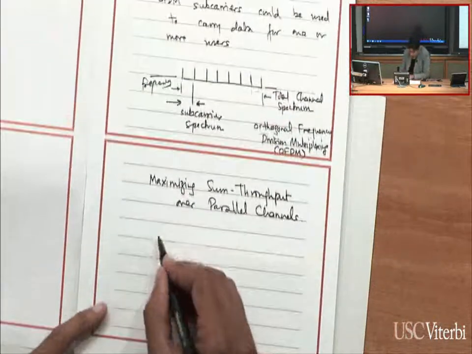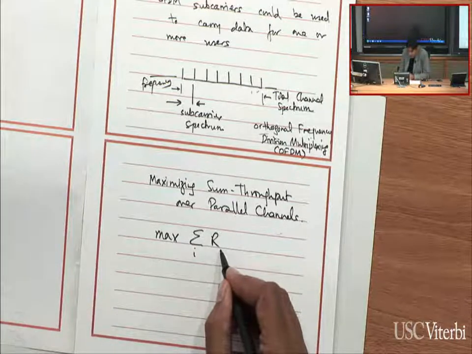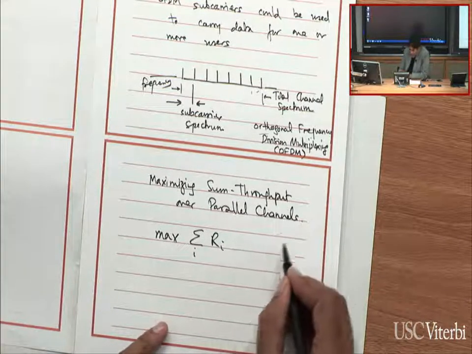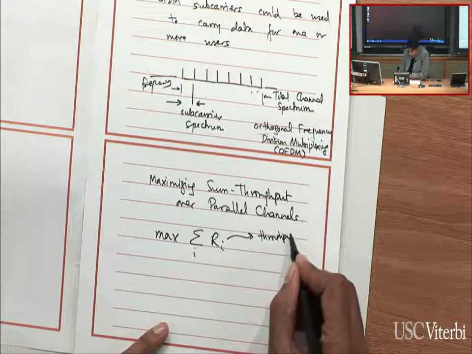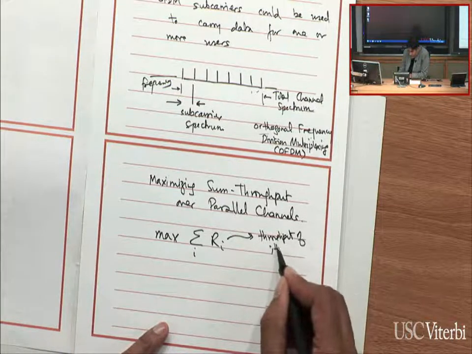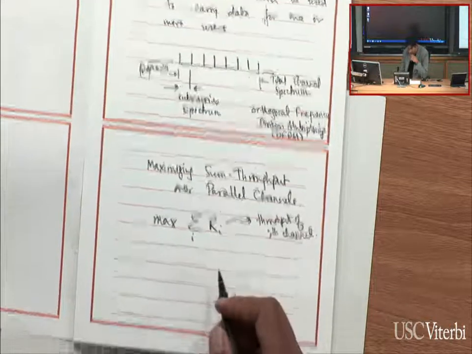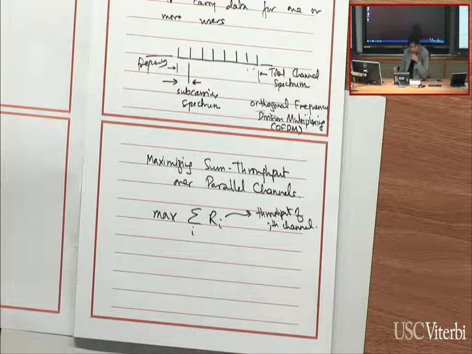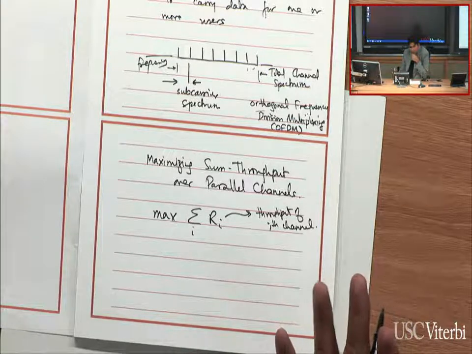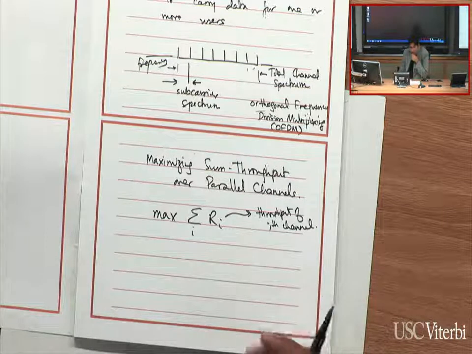So the problem is we want to maximize the total throughput, which I'm going to call rate. So this is going to be the throughput for the ith channel. Well, how should I maximize my throughput if my particular communication scheme is under my control?